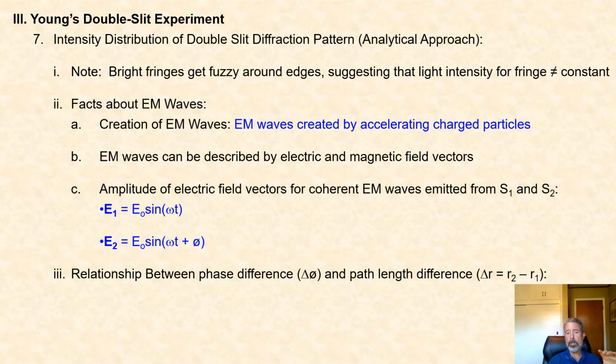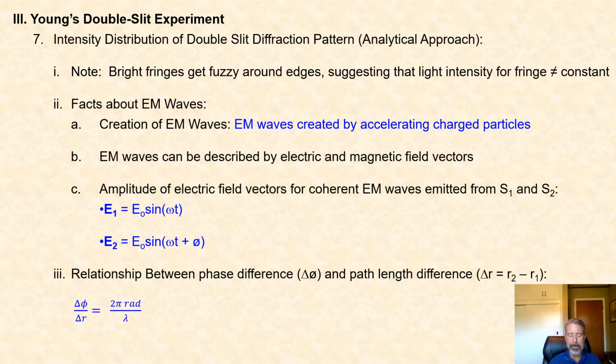There is a relationship between the phase difference between these two waves and a path length difference, if we say that one wave travels a different distance before reaching the viewing screen than the other wave. This is something we've talked about before. We can correlate a phase difference with a path length difference.